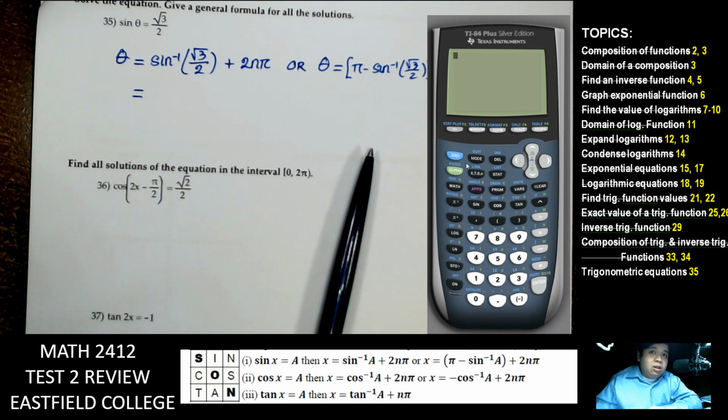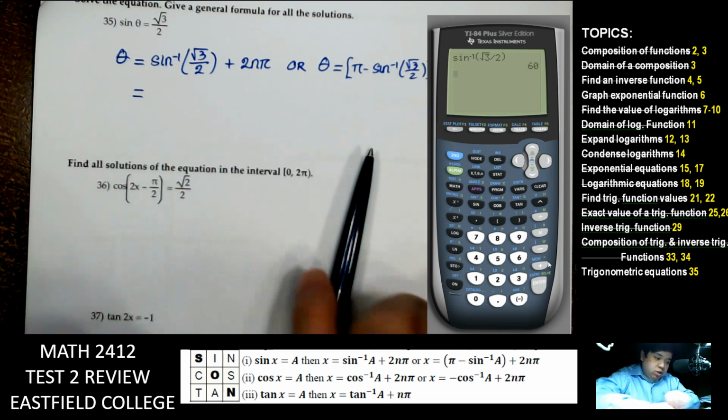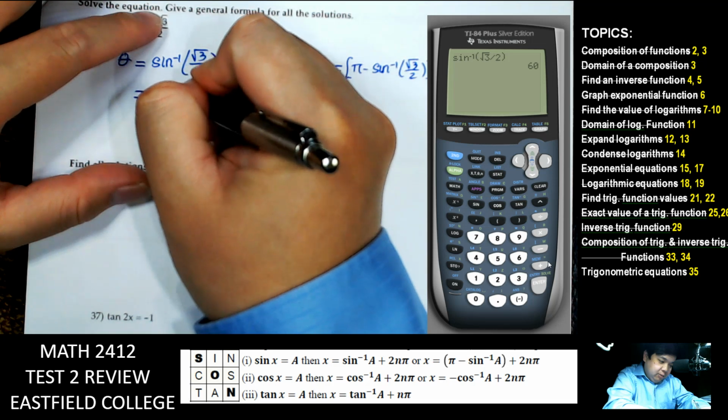If I use an inverse trig function by itself, the calculator must be in degree mode. Inverse sine of square root of 3 over 2, and that is 60 degrees, which is pi over 3.